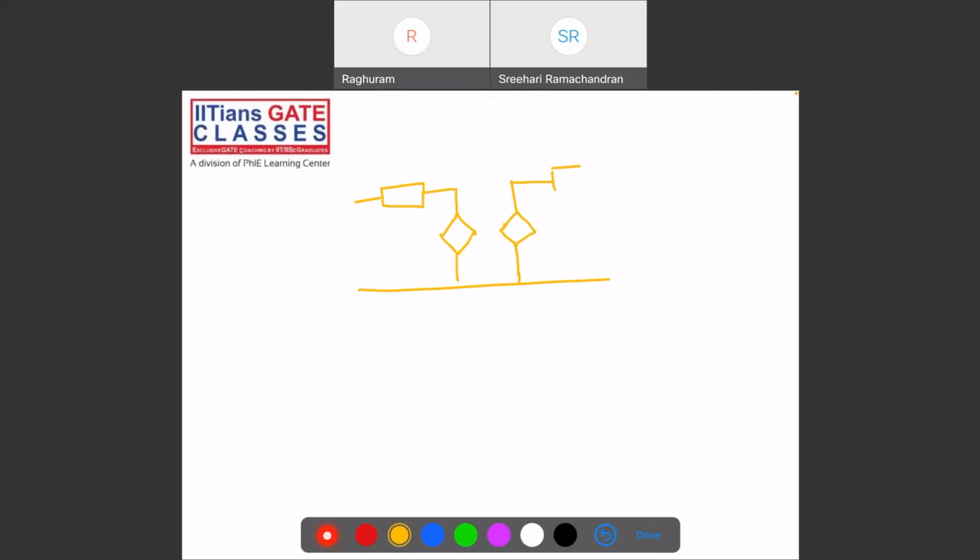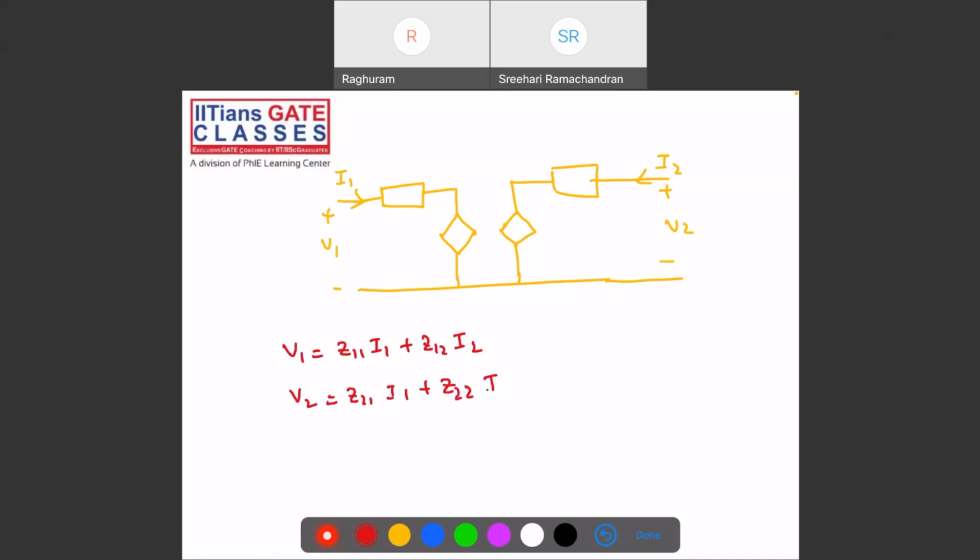Actually, these are important. You'll get direct questions from this. Plus minus V1, I1, plus minus V2 and I2. You have to remember the parameters: V1 is equal to Z11 I1 plus Z12 I2, and V2 is equal to Z21 I1 plus Z22 I2.